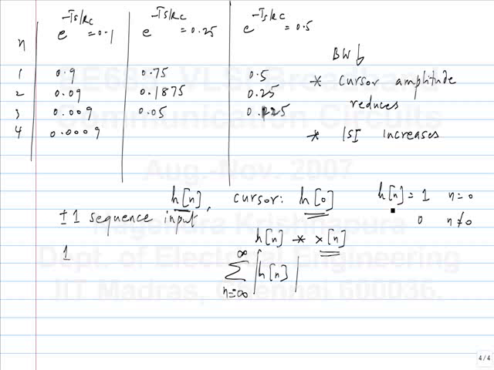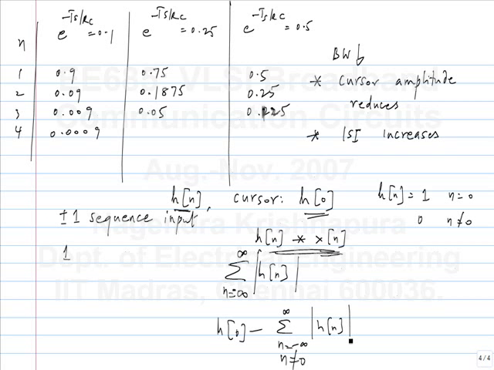But what I am asking you for is the sum such that all of the ISI is in the worst case. It is h of 0 minus the sum over n not equal to 0 of h of n. So you have arranged all the other input bits so that the ISI is maximized. So output, let's say, is h of 0 x of 0 plus h of 1 x of -1, so on.